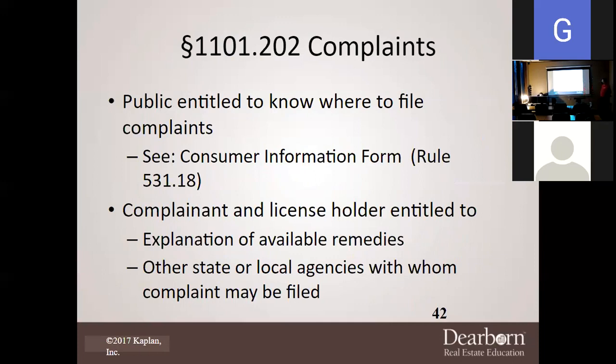The complainant and license holder are entitled to the explanation of available remedies, and other state and local agencies with whom the complaint may be filed. Right? You do not want a complaint filed against you. The worst thing you can do is to have a complaint filed against you. Okay? Because TREC does not play around with that.